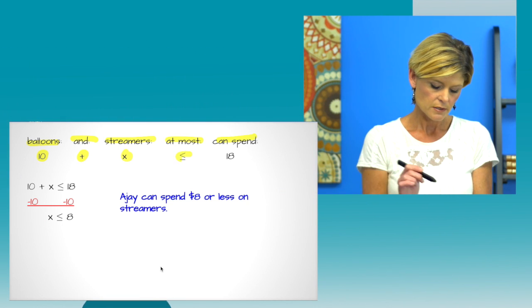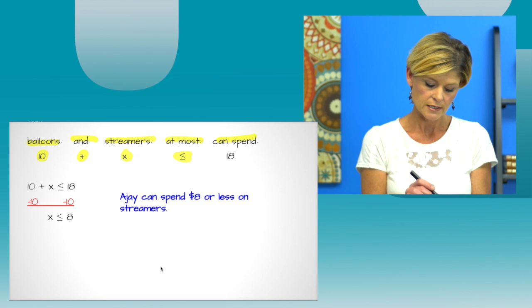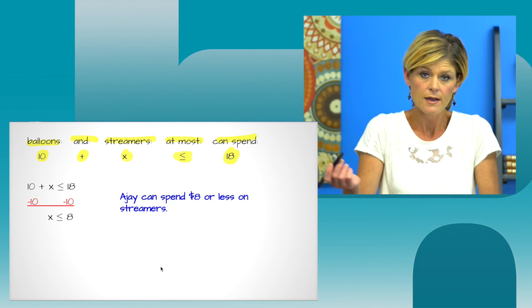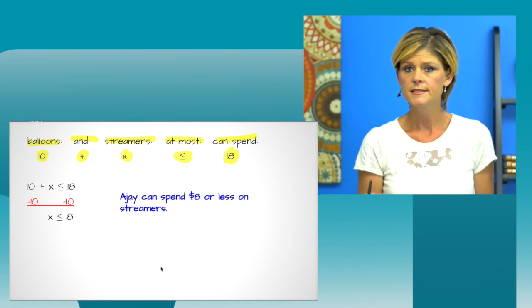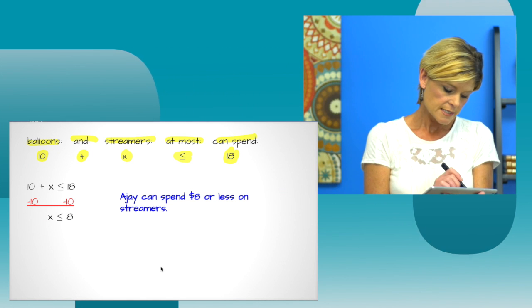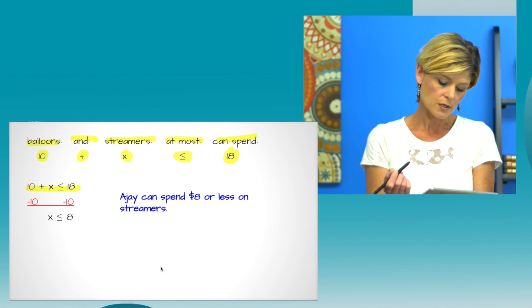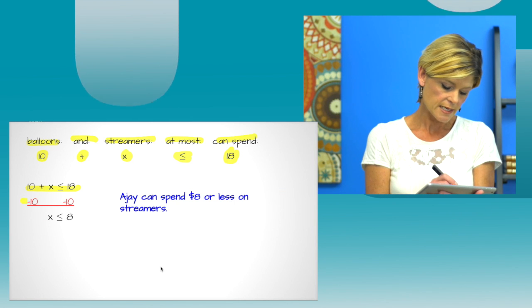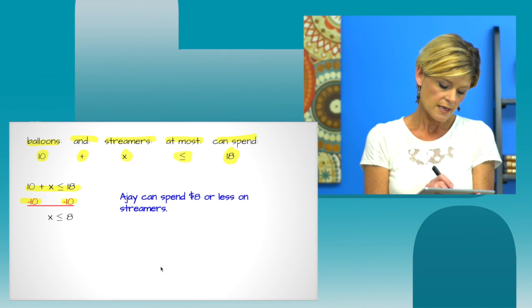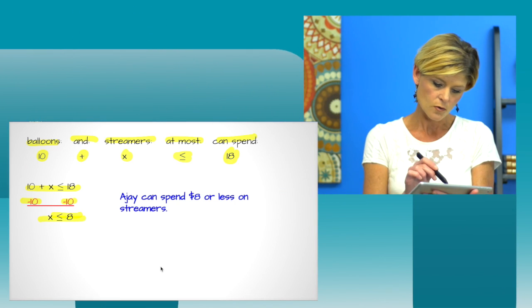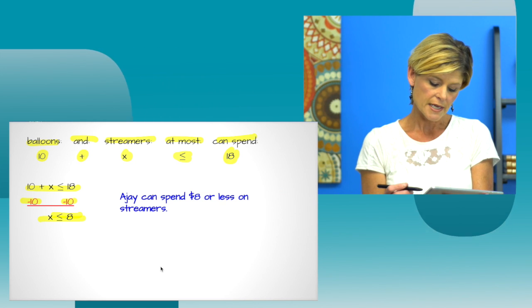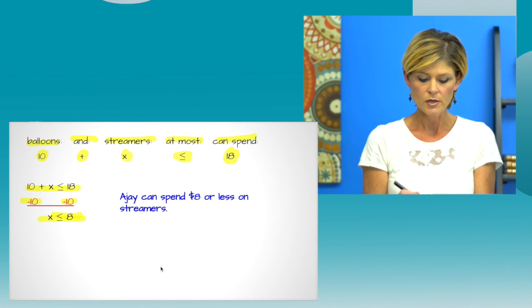At most, I will use the less than or equal to sign. He can spend $18. Now I have my inequality written out, and I simply have to solve. 10 + x ≤ 18. I'm going to subtract 10 from both sides, and I get x ≤ 8. So AJ can spend $8 or less on the streamers.